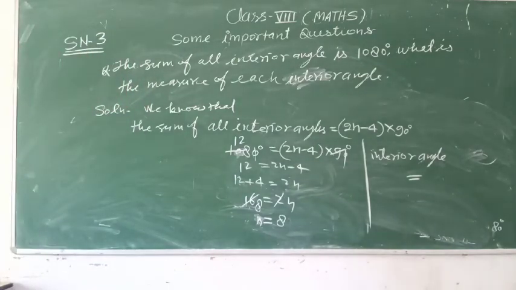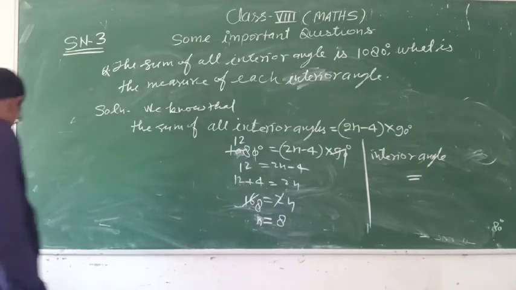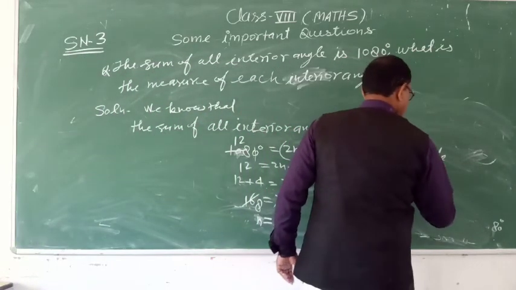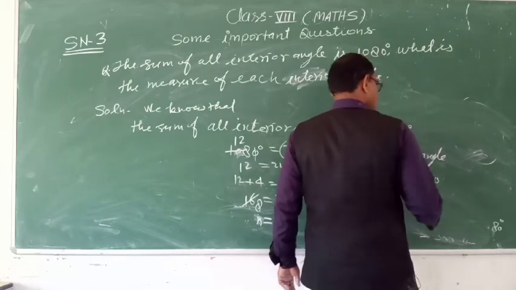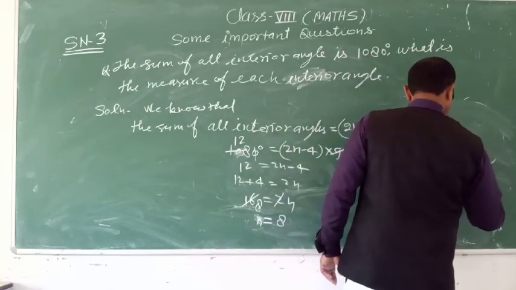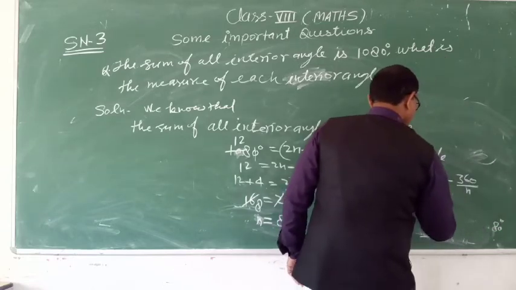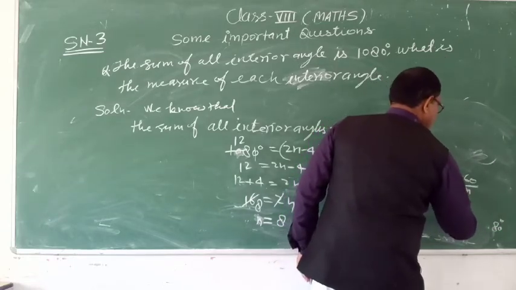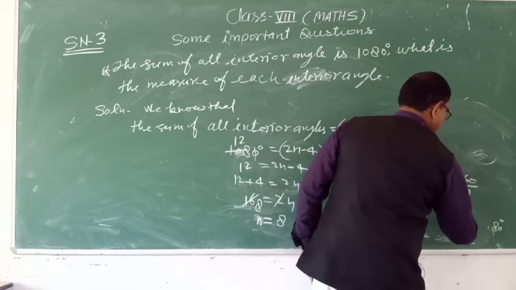Interior angle is equal to, okay, 180 degrees minus 360 degrees by n. Okay, 180 degrees minus 360 degrees by 8.